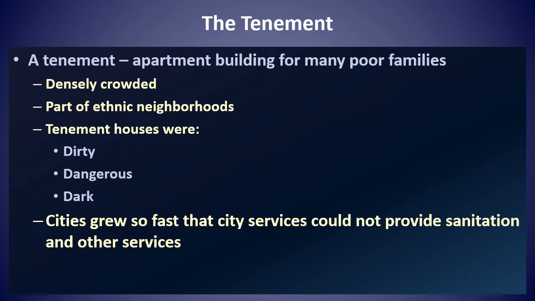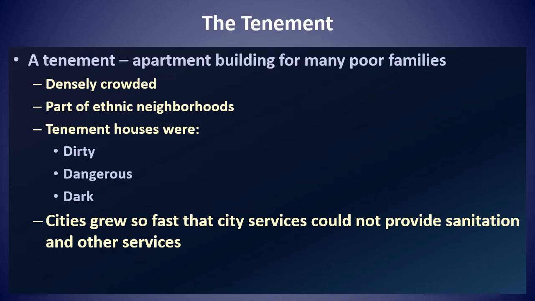Many of these were built in places where the city grew so fast that the city couldn't keep up with sanitation and other services. 19th century cities very often were flooded with people seeking opportunity, and the city could not grow quickly enough to accommodate them and provide adequate housing and sanitation.